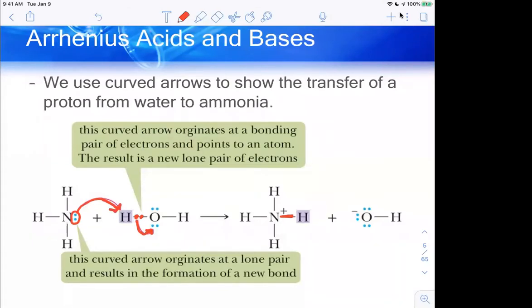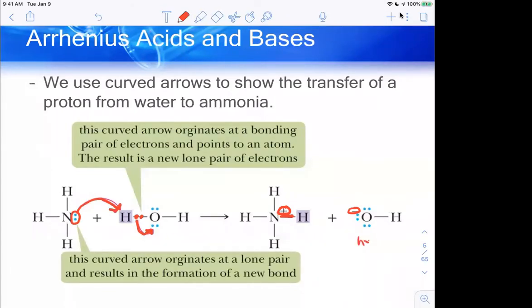This is the original lone pair attached to that hydrogen. I have a negative charge here and a positive charge there. Remember, nitrogen is supposed to have 5. It only has half the bonding, which is 4, so it's positive. Oxygen is supposed to have 6. It has 2, 4, 6. Half the bonding is 7, so it's negative.